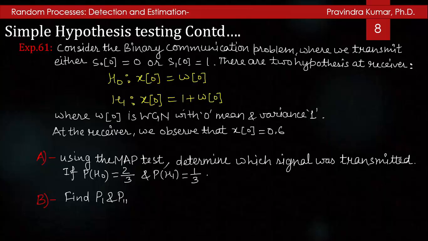If P(H0) is 2 by 3 and P(H1) is 1 by 3, that means the probability of hypothesis H0 is 2 by 3 and the probability of hypothesis H1 is 1 by 3, that is, the probability of getting only noise is 2 by 3, and the probability of getting signal in the noise is 1 by 3. Also find out the type first and type second error.